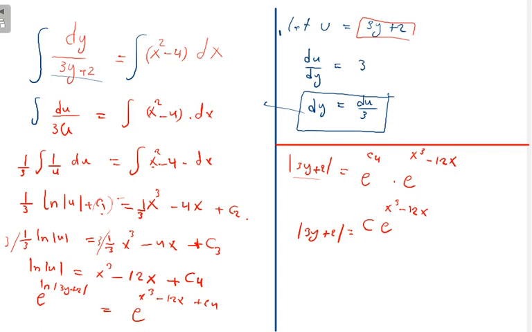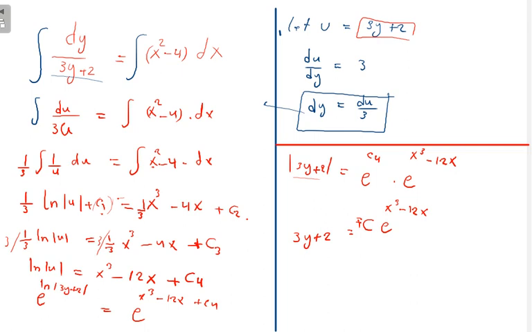Now I want to get rid of the absolute sign, so the absolute value of 3y plus 2 will be equal to minus or plus c exponential x cubed minus 12x.